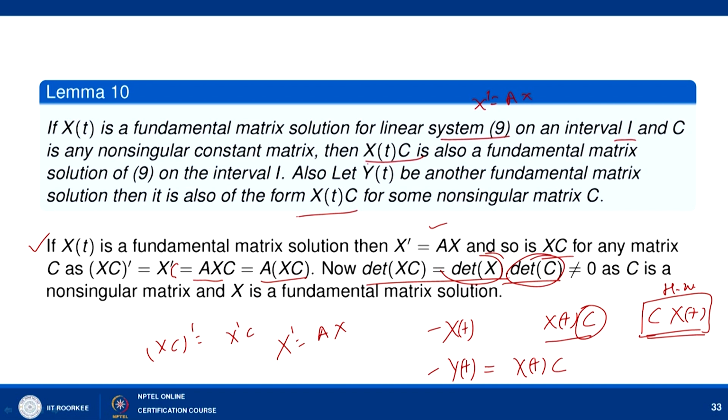So, determinant of XC is also non-zero. So, it means that XC will also act as a fundamental matrix solution. So, we can say that if X is a fundamental matrix solution and C is a non-singular matrix, then XC is also a fundamental matrix solution. So, this proves the first part.